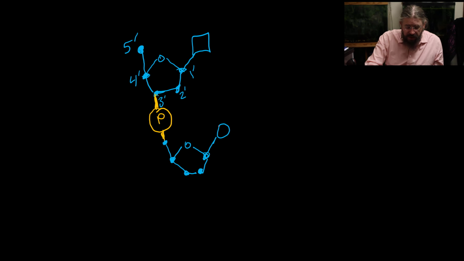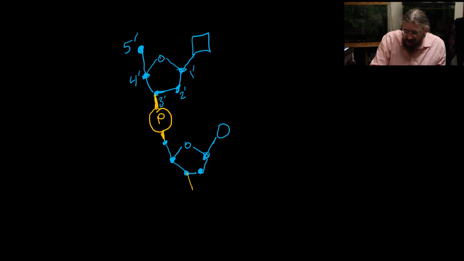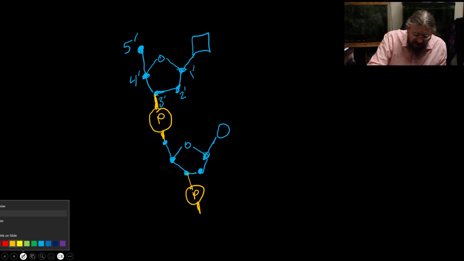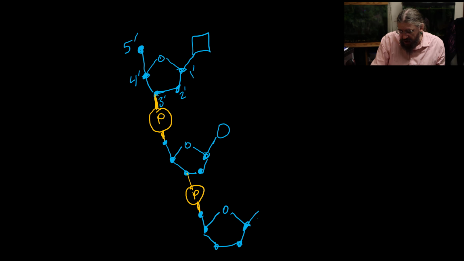So that is actually rather important because, interestingly enough, when you have DNA, it is a double-stranded chemical, which means for every nucleotide on one side, there's going to be a nucleotide paired up with it.